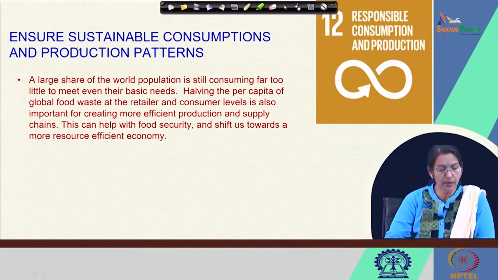This is also about per capita global food waste, and waste at the retailer and consumer level is also important. How do we dispose of our waste products, like extra food materials, how to serve them to others, and all kinds of things. This can help protect our food security and shift us towards a more resource-efficient economy.